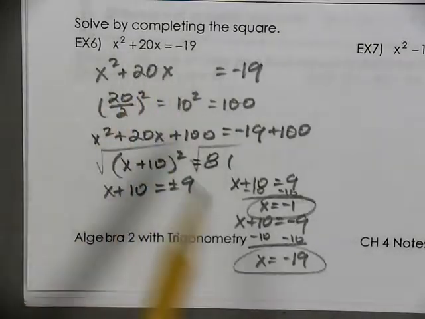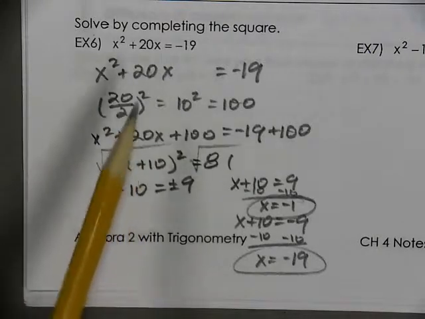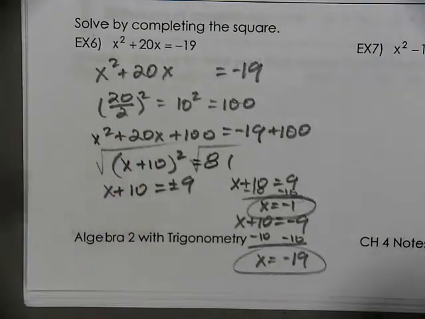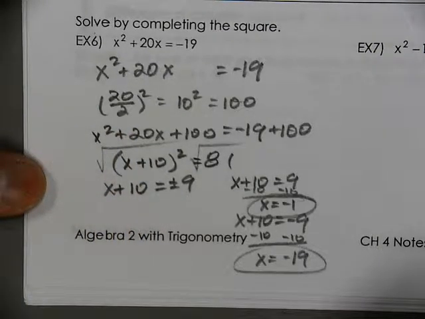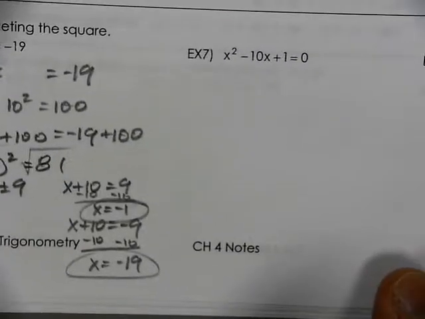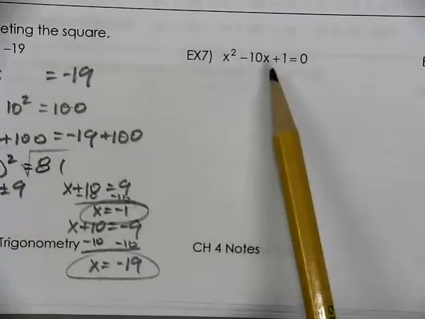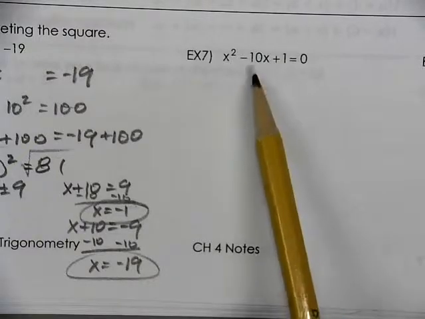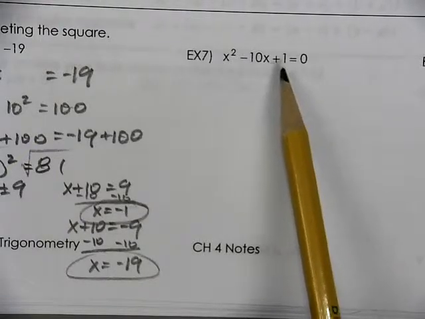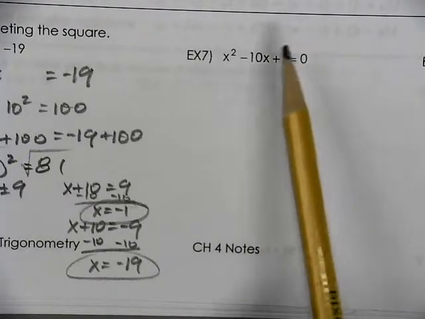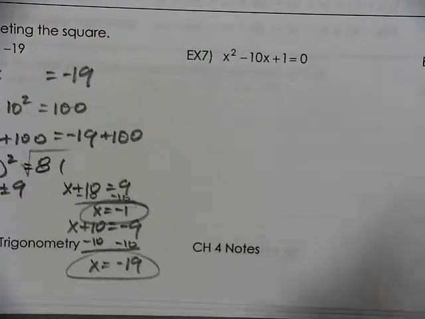Notice we did not use our normal factoring. We did a process called completing the square. For this one, even if we wanted to try factoring, nothing multiplies to be 1 and adds to be -10.